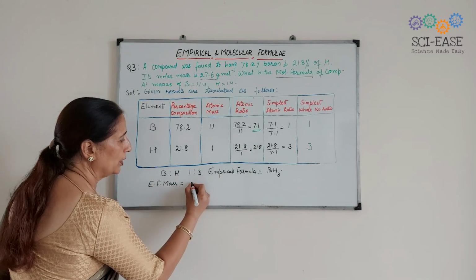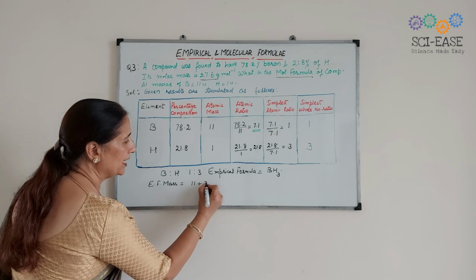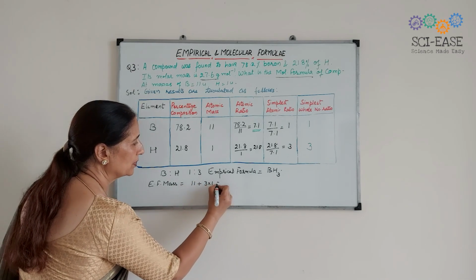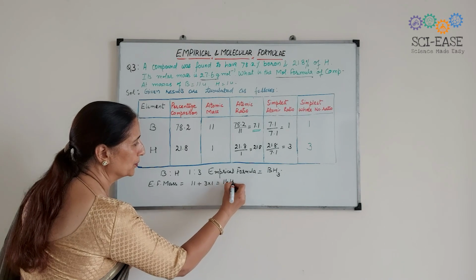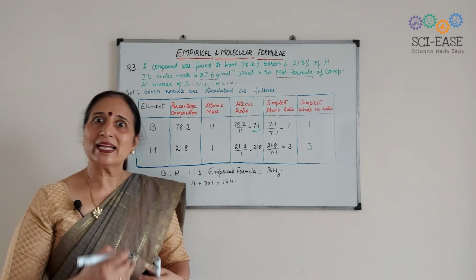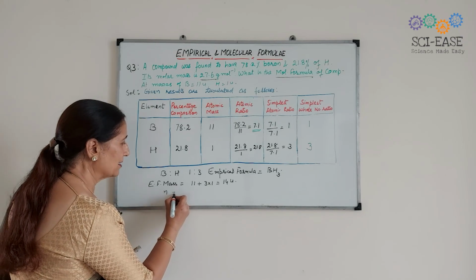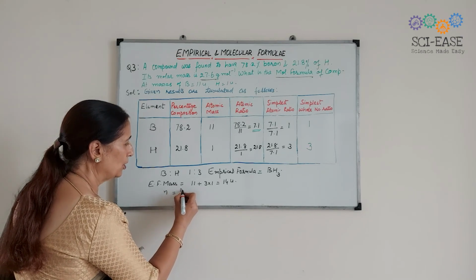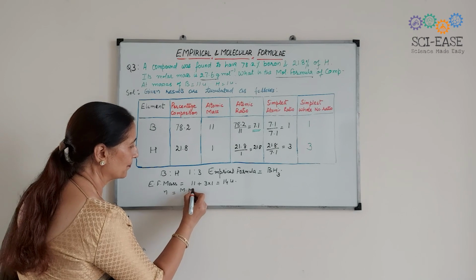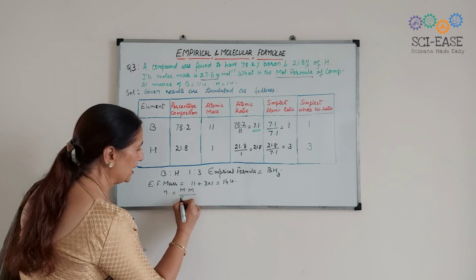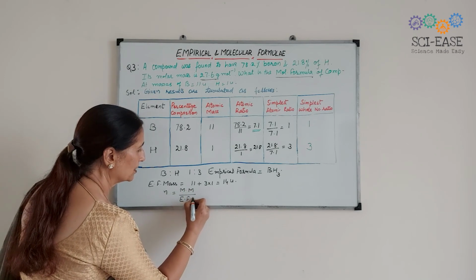How? Boron 11, 3 multiplied by 1, it will come out to be 14U. Now what is the next step? Next step is to calculate N. N, that is equal to molar mass over empirical formula mass.